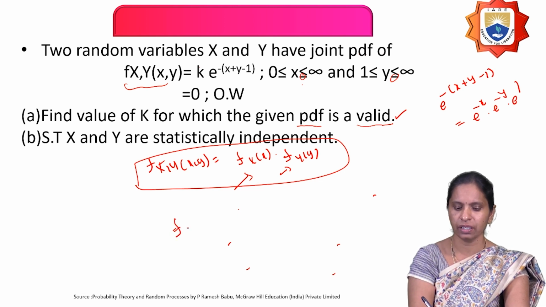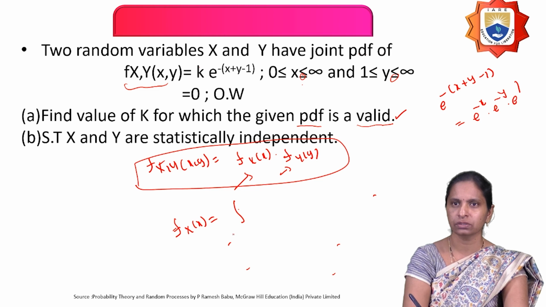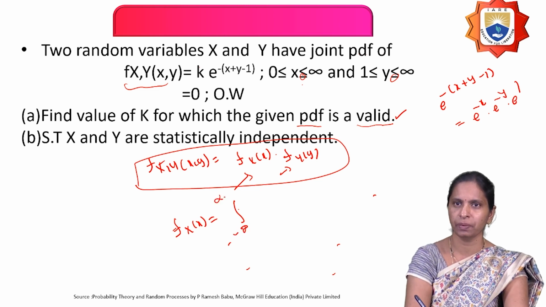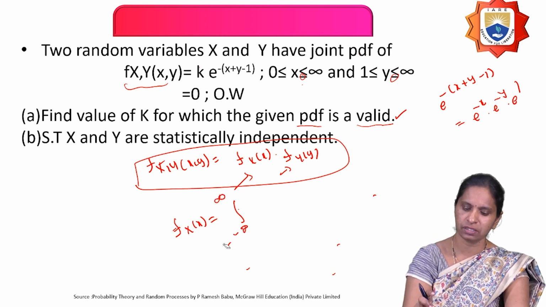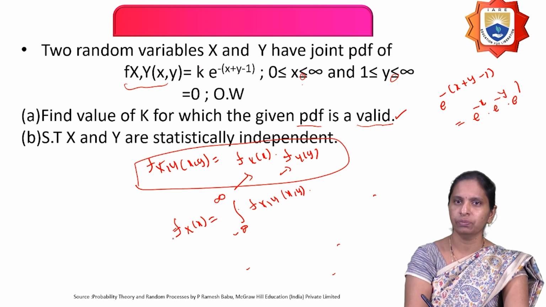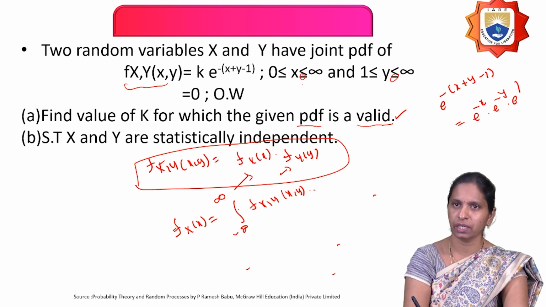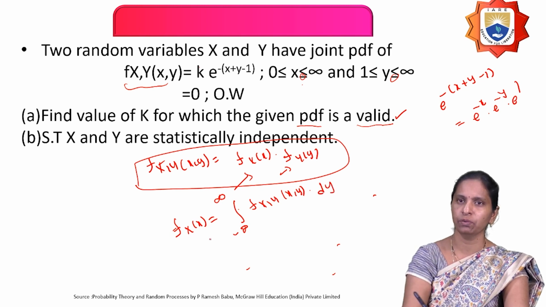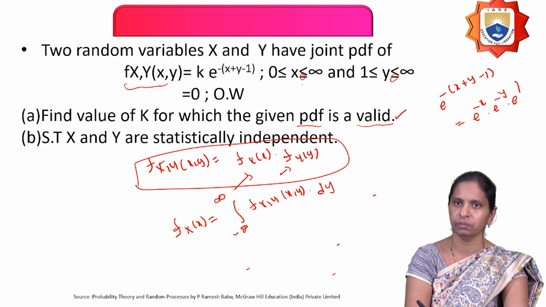Now, how do you calculate the marginal density function of the random variable x? What is the formula? You can see this from the properties of the joint PDF. Integration from minus infinity to infinity of fxy of x comma y. If you want the marginal density function of x, you have to integrate the joint density function with respect to y over the limits minus infinity to infinity.